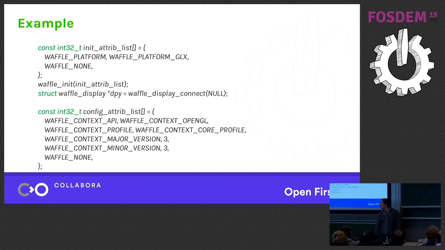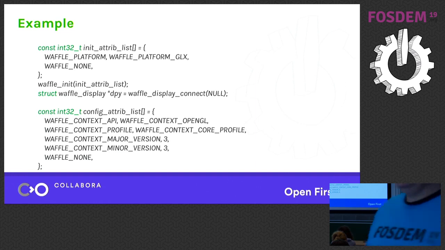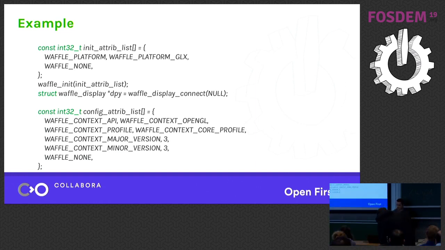One interesting topic that has come up a couple of times is, why do we need to specify the platform? Surely you can add some heuristics and let Waffle detect that for you. The reason is that at its base, Waffle aims to do the very minimum for you to simply not bother with the platform specifics, but at the same time a high-level decision such as what you want to use, be that X, Wayland or something else, is a decision of the user.